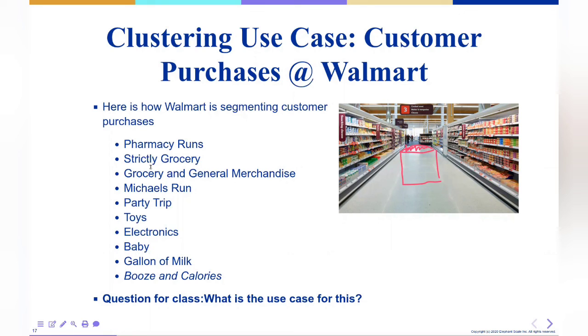Walmart did publish their item categories. They looked at people's purchase patterns and identified the sorts of categories they see, like someone who just came to buy cold medicine because it's cold season, or just came to buy some groceries, or just to buy milk.